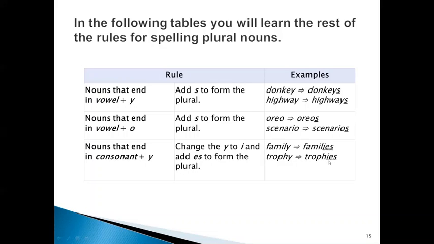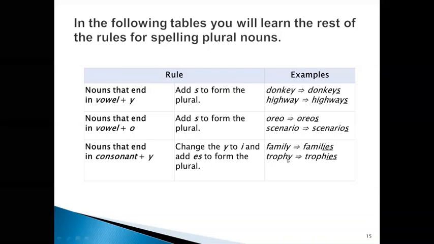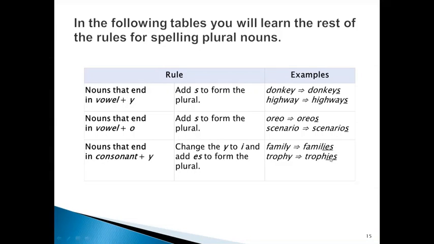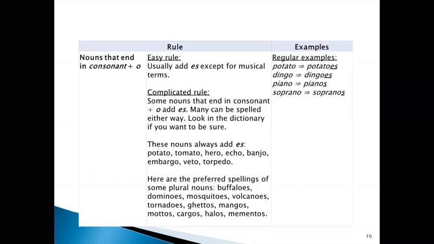Before Y here we have H, the sound F, P plus H. So H is a consonant. That means we should change Y into I, like this, and then we add ES to the noun to make the plural form.